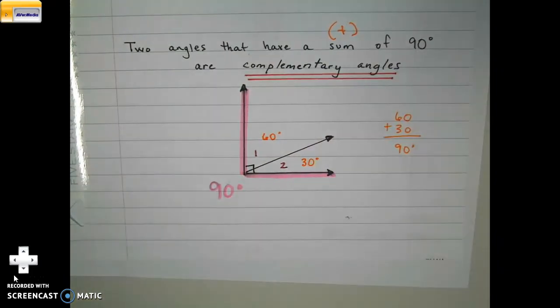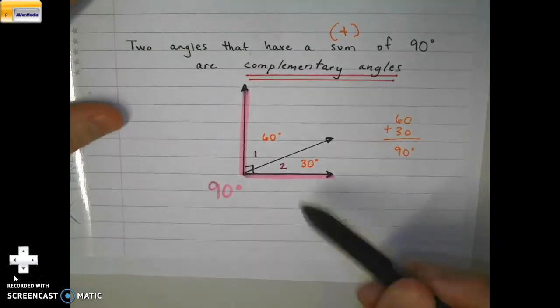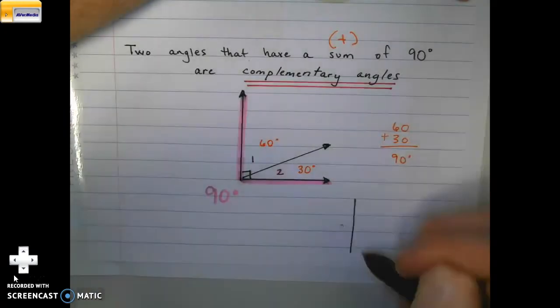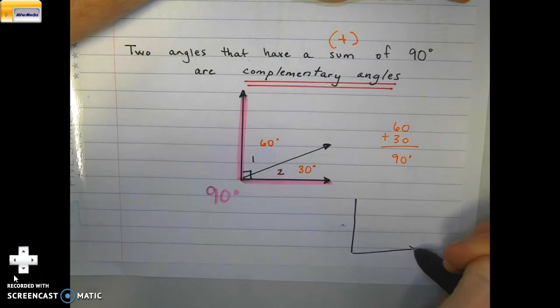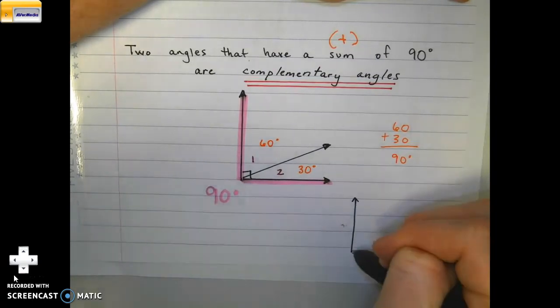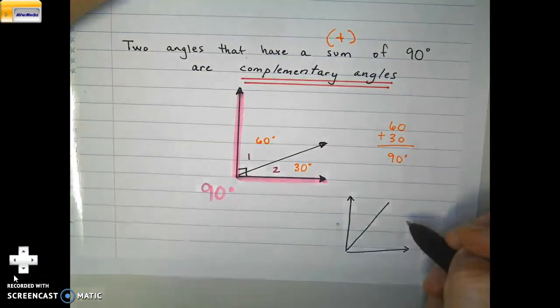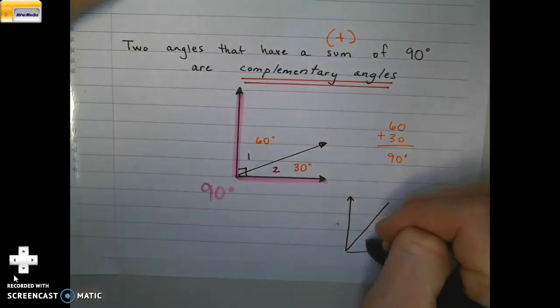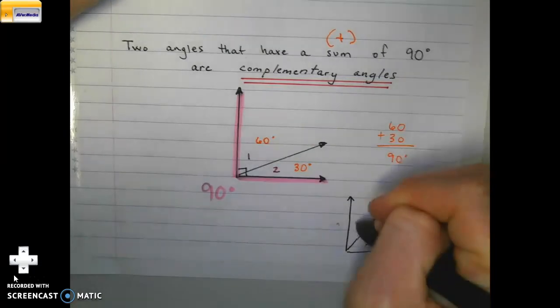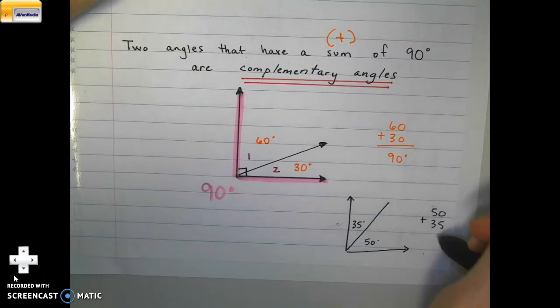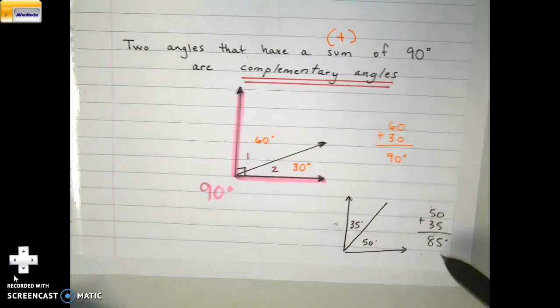Now, I didn't plan on doing this, but let me show you something that is not a complementary angle. Let's say you have an assignment and you look right here, and this is what you got. It looks pretty good. Well, if this is 50 degrees and this is 35 degrees, what's 50 plus 35? 50 plus 35 is 85 degrees.